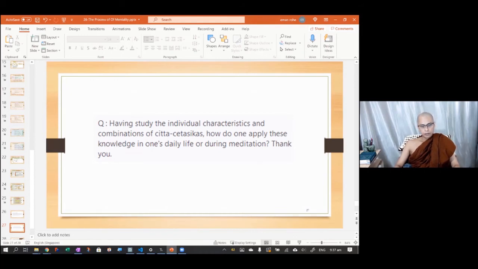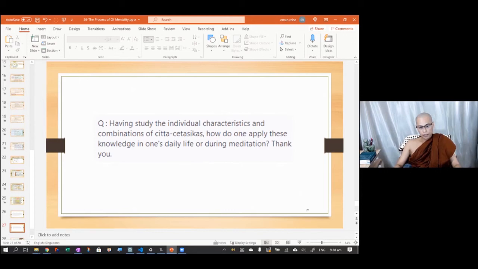This is the first benefit we can get through understanding chitta and chetasika in their own characteristics, so then we can identify them.